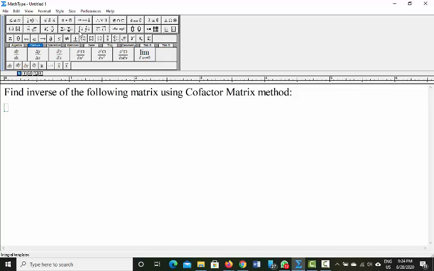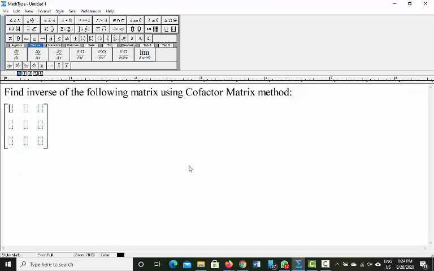Right. Again remember, you can only find the inverse of a square matrix. That means the number of rows and the number of columns has to be the same, right?